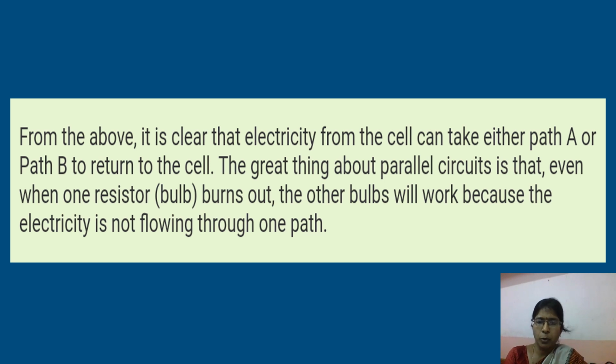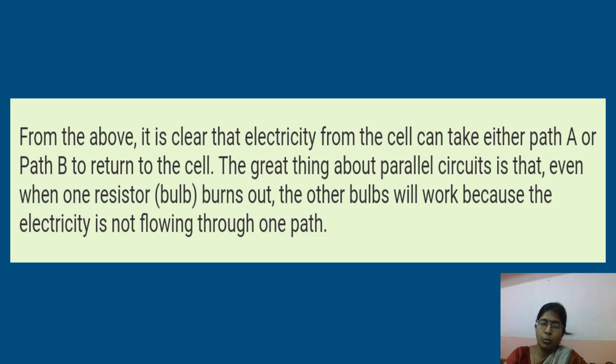The great thing about a parallel circuit is that even when one resistor burns out, the other bulbs will work because the electricity is not flowing through one path. The advantage of having a parallel circuit is that when one bulb in the circuit burns out, the other bulbs continue to work because electricity has a second path, a second route.